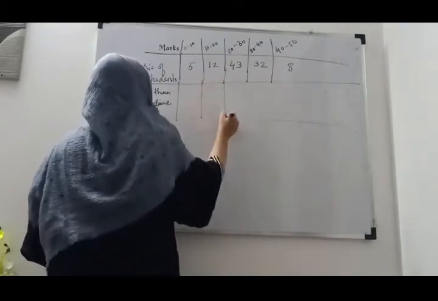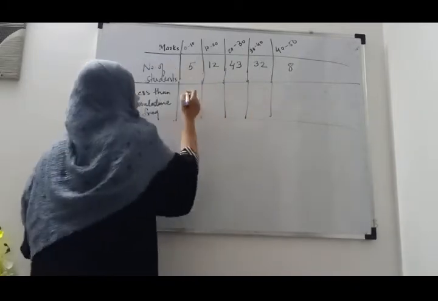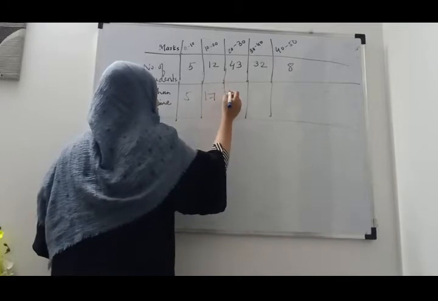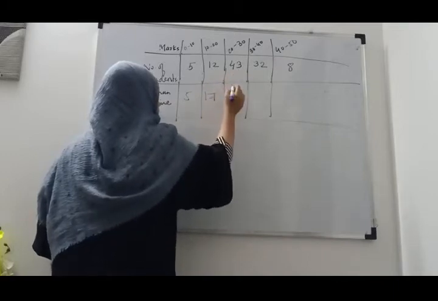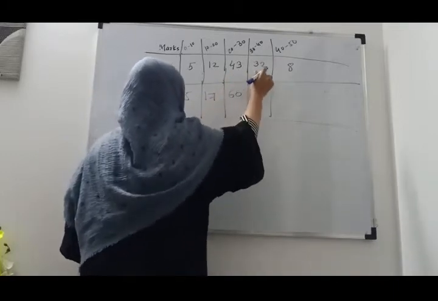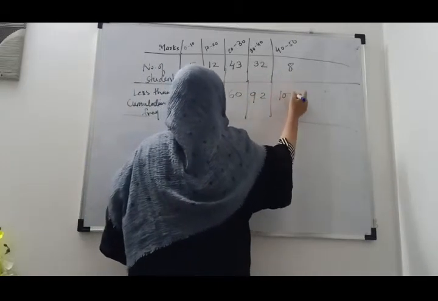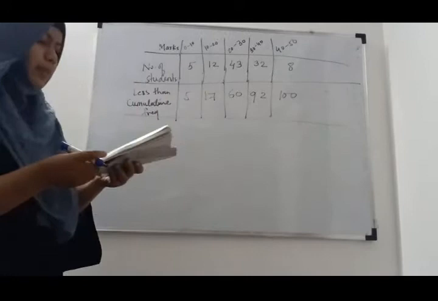So how to find out the less than cumulative frequency? 5 as it is, 5 plus 12, 17, 17 plus 43, 60, 60 plus 32, 92, 92 plus 8, it is 100.